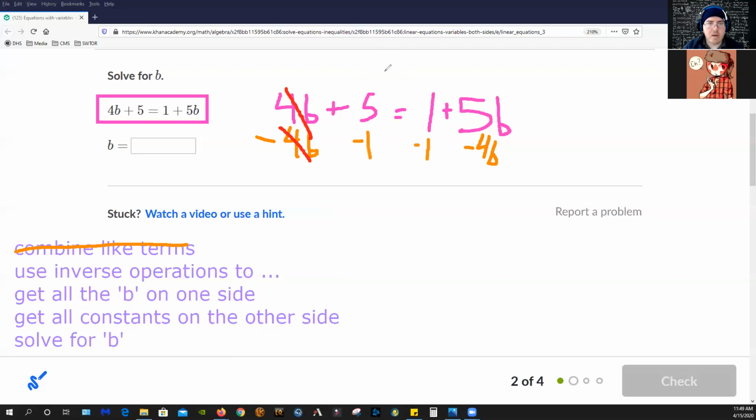So what we end up with, 4b minus 4b is 0. 5 minus 1 is 4. 1 minus 1 is 0. And 5b minus 4b is 1b. Oh, and we're kind of incidentally just done. Normally we might have extra work to do, but not today. So b just comes out to be 4.